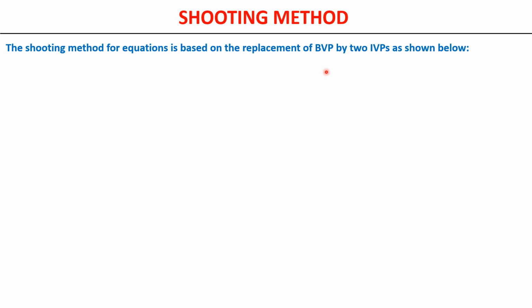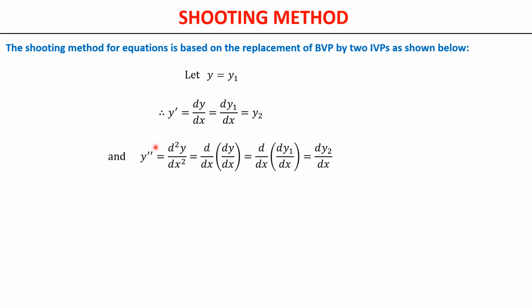That is done by making the substitution y equal to y1, so that y dash, which is dy by dx, with y being y1, is dy1 by dx, which I'll call y2. Then we calculate y double dash, which is d square y by dx square. By definition, it's d by dx of dy by dx. But dy by dx is dy1 by dx.